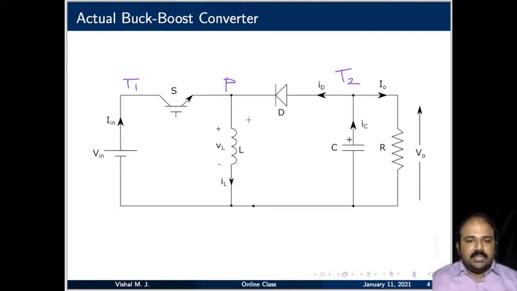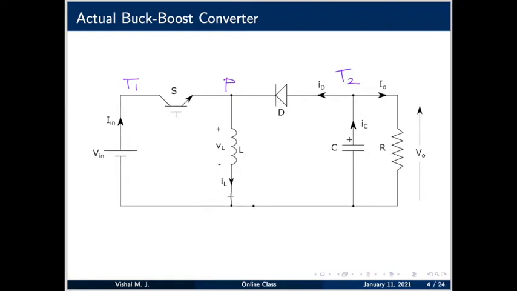Now the inductor is connected to the pole, exactly as we have seen in the previous slide. So the switch is in series with the input source, which is in series with the diode, and then the output stage, and the inductor comes in between the switch and diode, and it is connected like this.